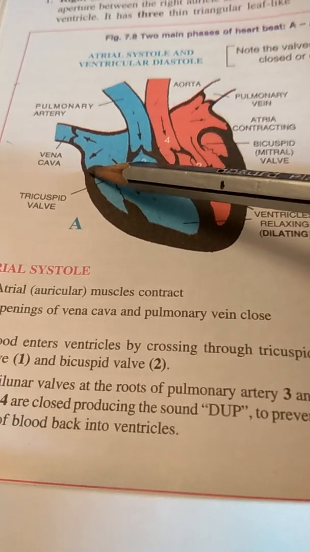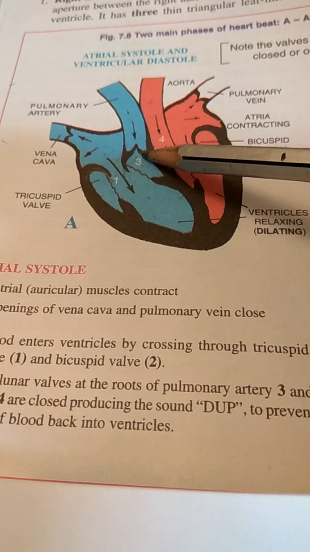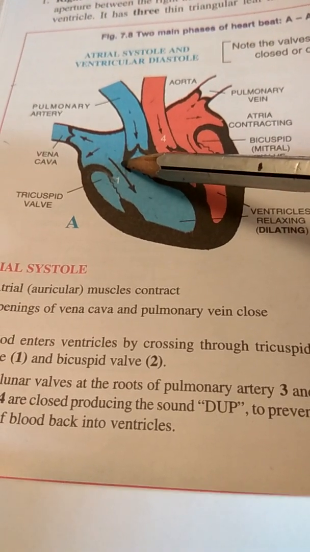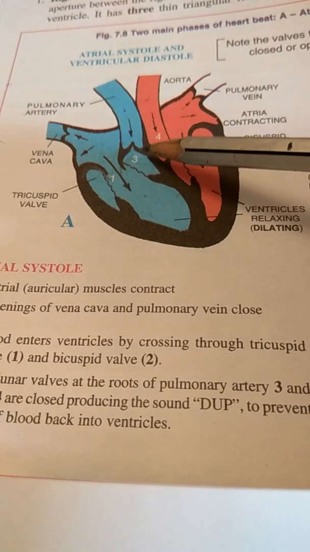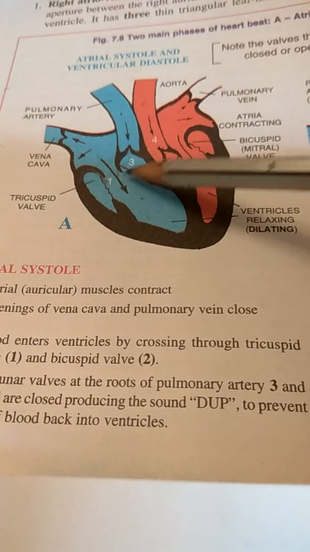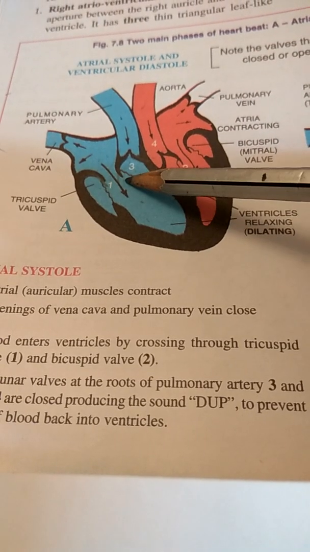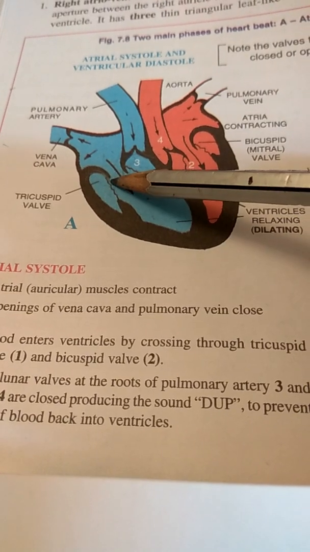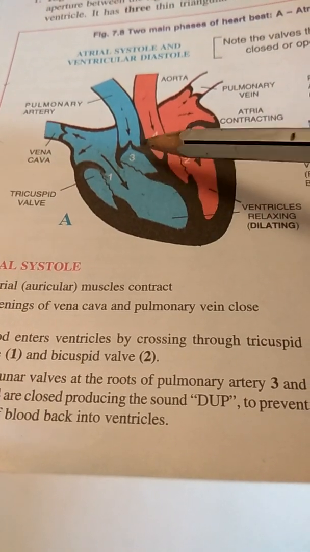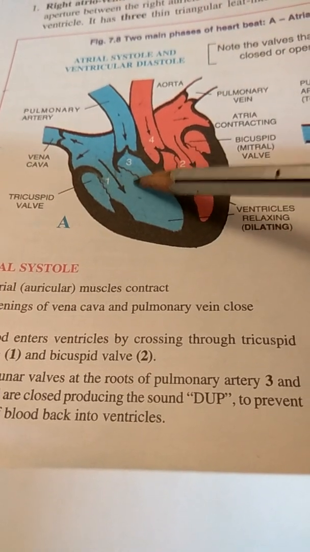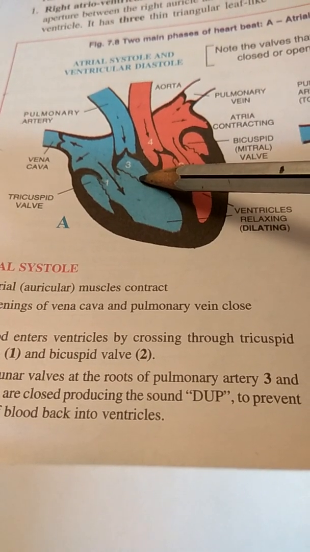One margin of this tricuspid valve is fused with the aperture, and the free margin, the lower side, is attached with these thread-like structures, called chordae tendineae.